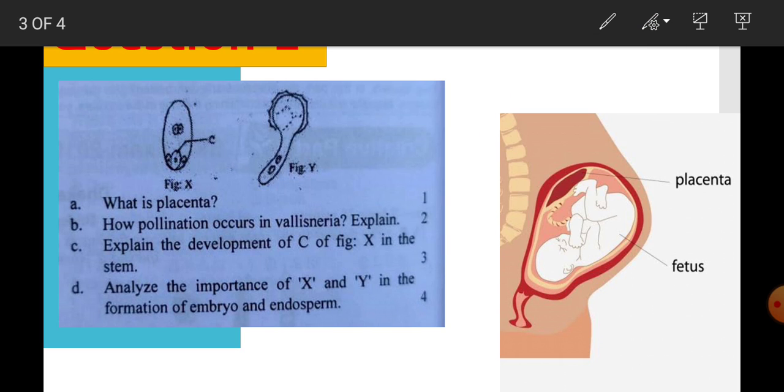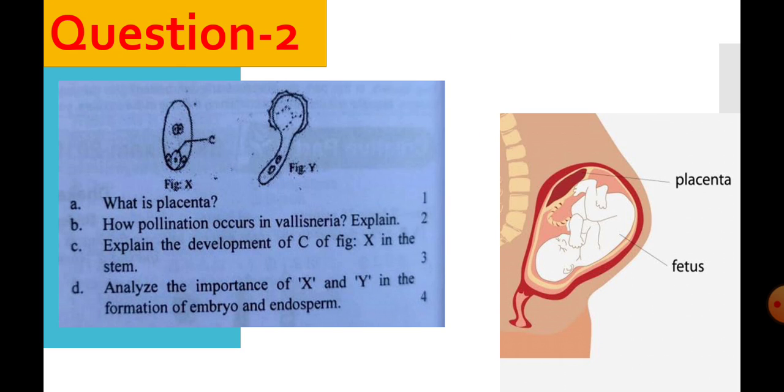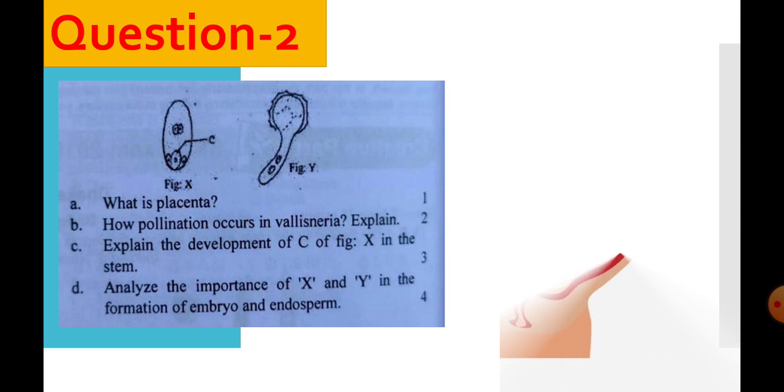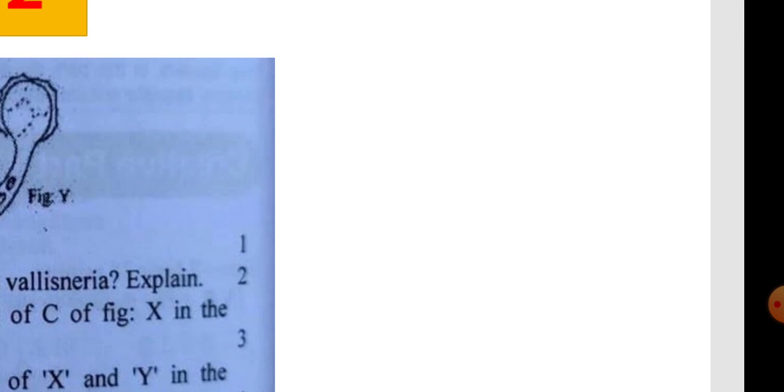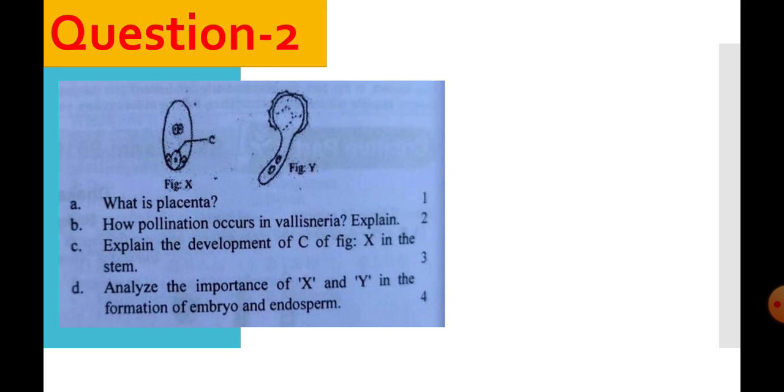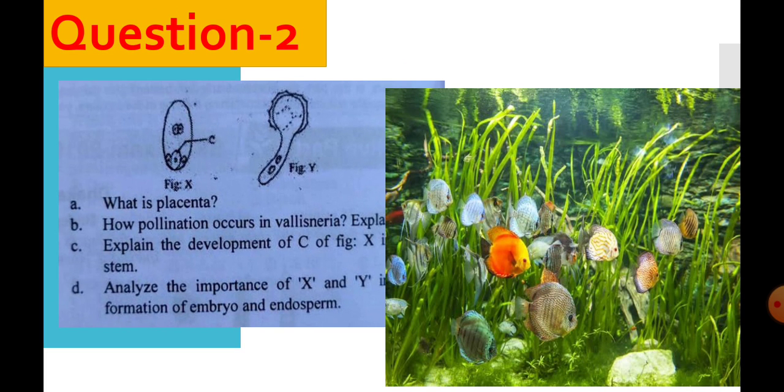The second question is how pollination occurs in Vallisneria. Vallisneria is an aquatic plant, that is a waterborne plant, and as a waterborne plant, the pollination, you know about pollination, is the transfer of pollen grains to the stigma, by which seeds are produced.